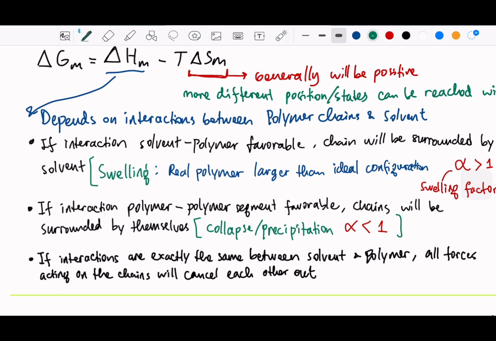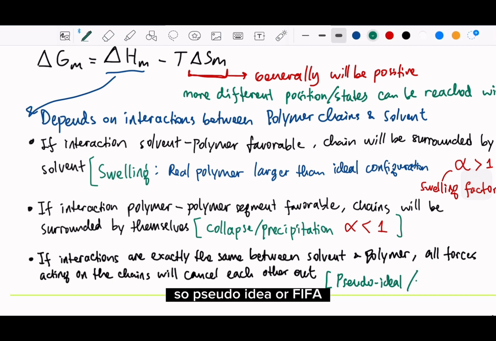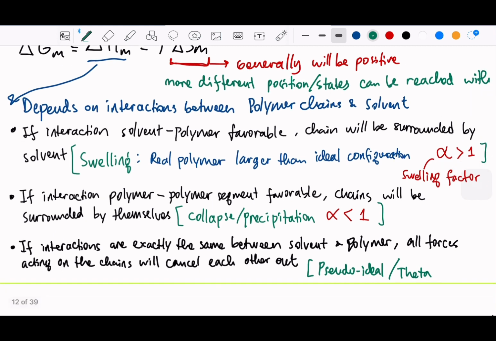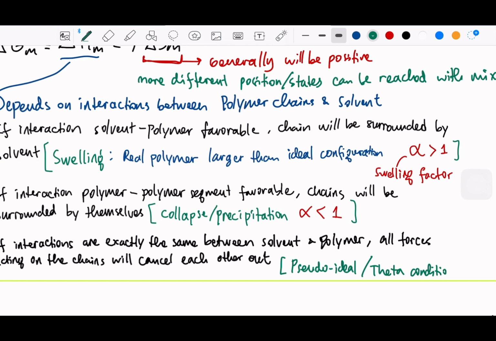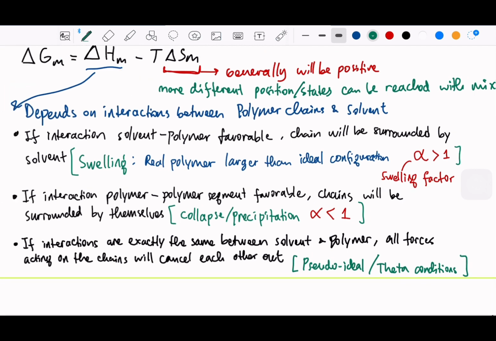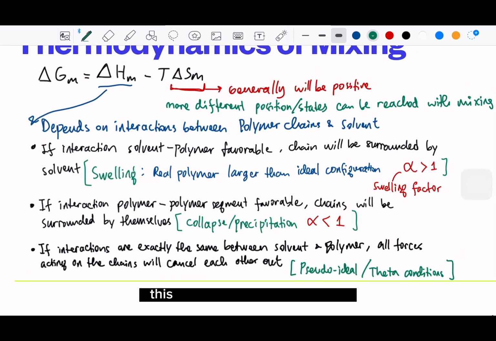So this is what we call pseudo ideal, so pseudo ideal or theta. Theta like an angle theta condition. This is when alpha is equal 1.